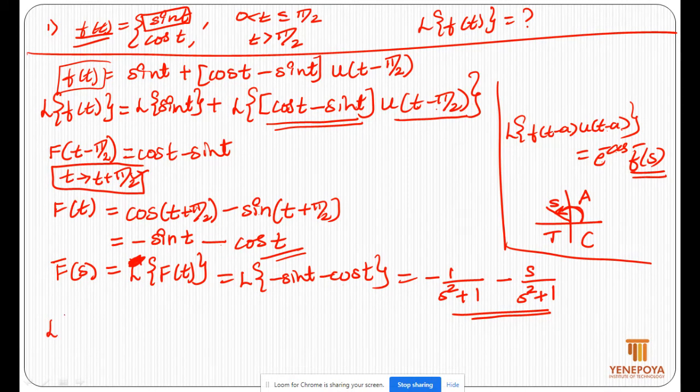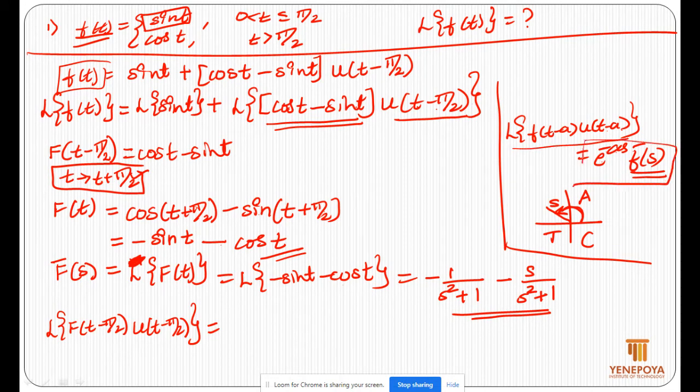Now the Laplace transform of capital F of t minus pi by 2, where a is pi by 2, into u of t minus pi by 2 is equal to e power minus as into F bar of s. So e power minus pi by 2 s, and the F bar of s value we have is minus 1 by s square plus 1 minus s by s square plus 1.